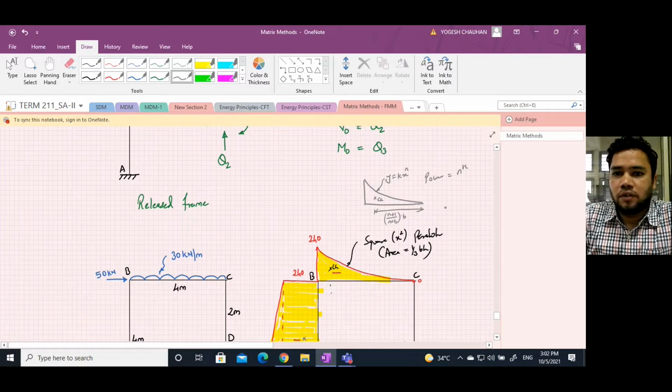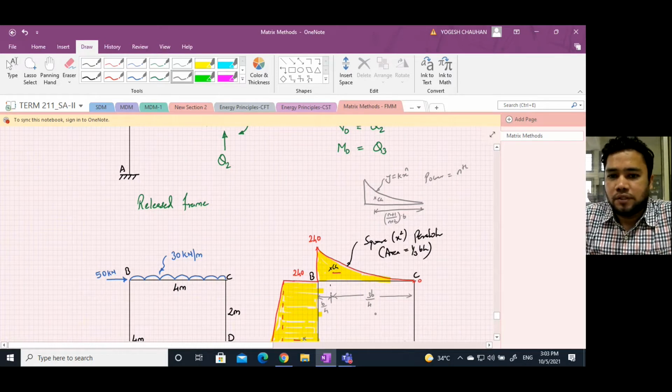Okay, so in our case this is a second order parabola, so this distance will be 3 by 4 times b, that means 3b by 4, that you can obtain from the geometry of the parabola, and this will be b by 4.